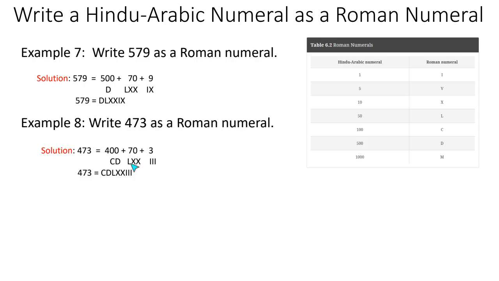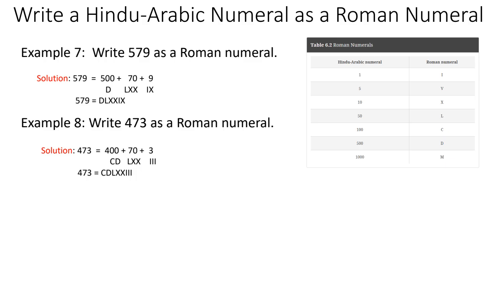And so the value here, 50 would be L, and then 10 and 10 would be XX. 3 is 3 of these I's. And then for 400, I can take 500 and subtract the 100 from it. So I can write it as CD to represent 500 minus 100 to give us 400. So this would be our answer.